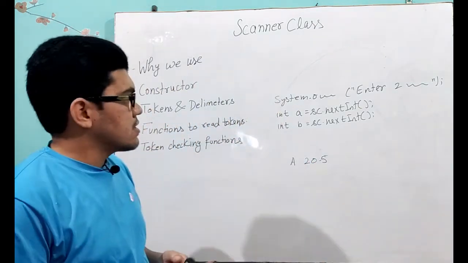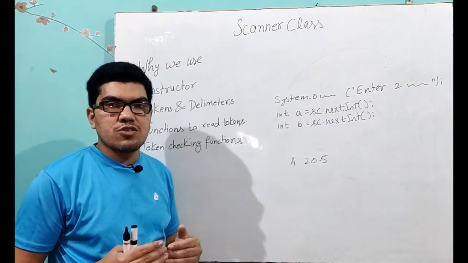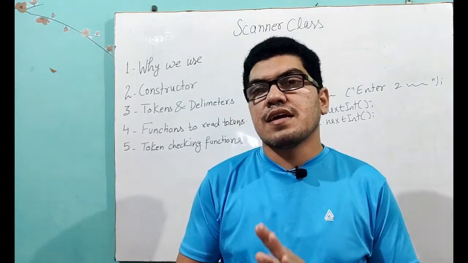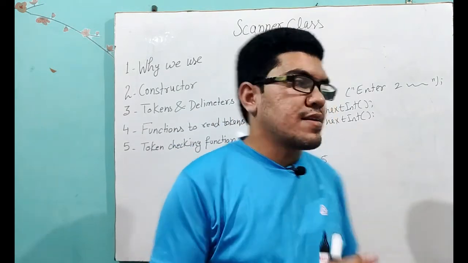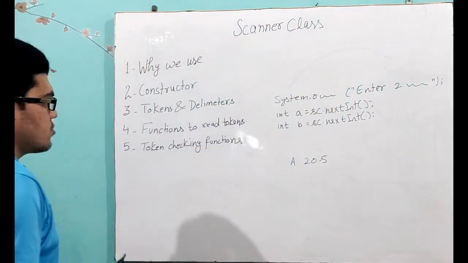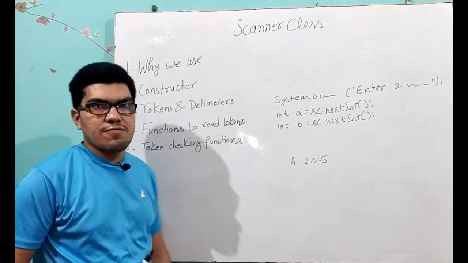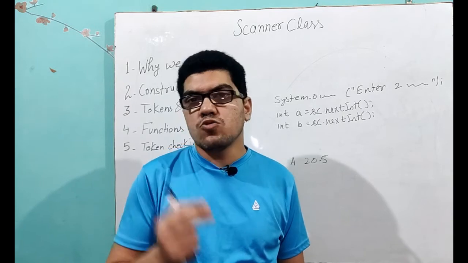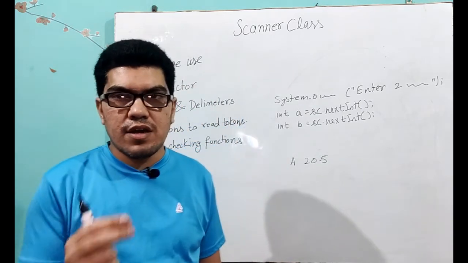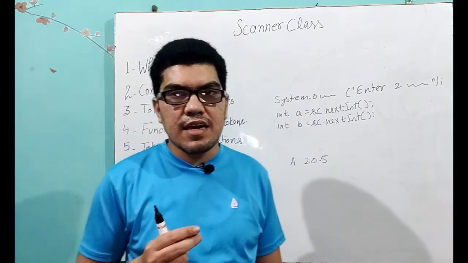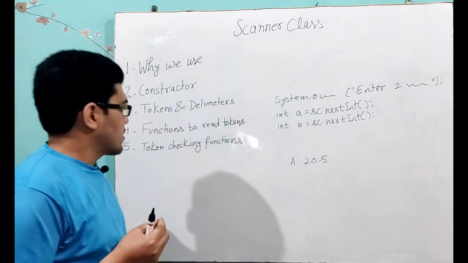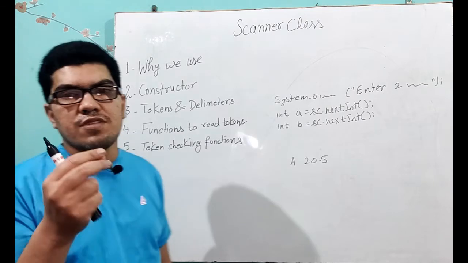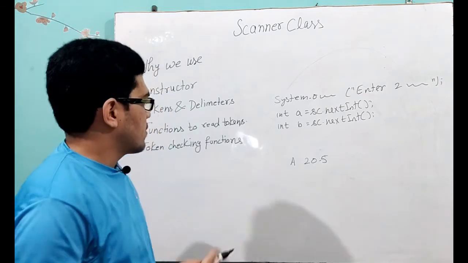If it is, then the program will execute. Otherwise, we can take the input from the user again. These token checking functions return a boolean value, either true or false. If the token is the desired data type, then these functions return true. If not, then they return false.